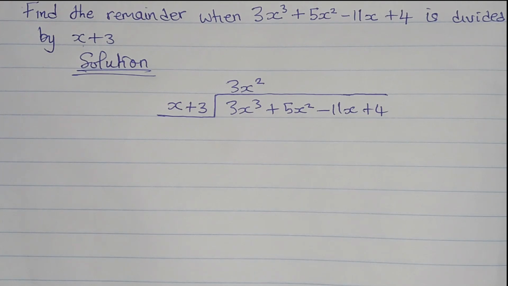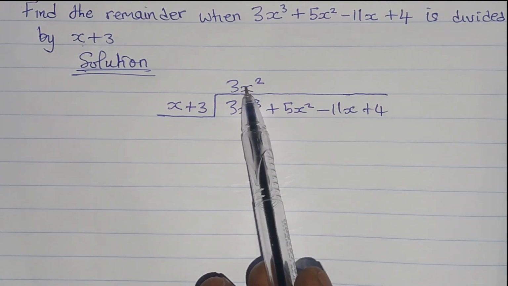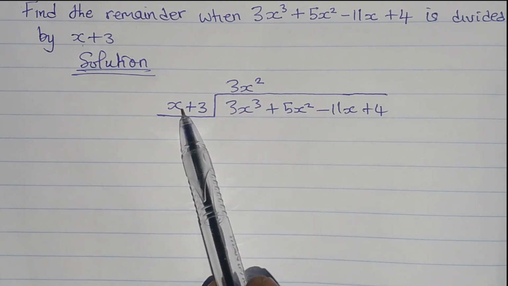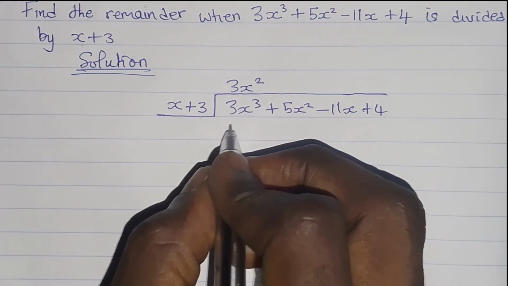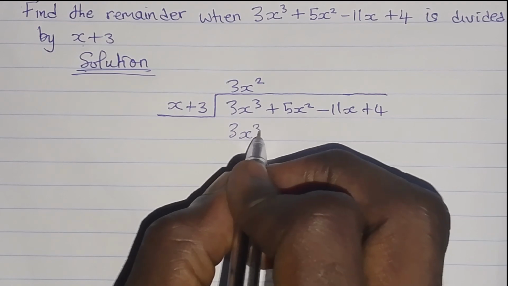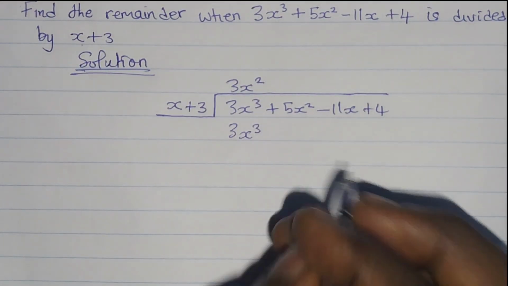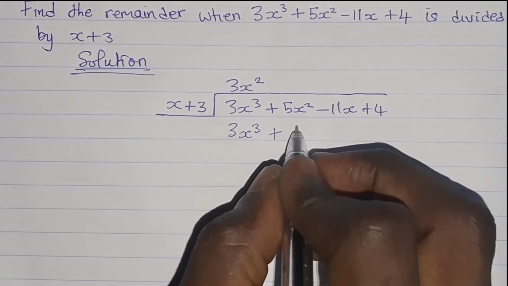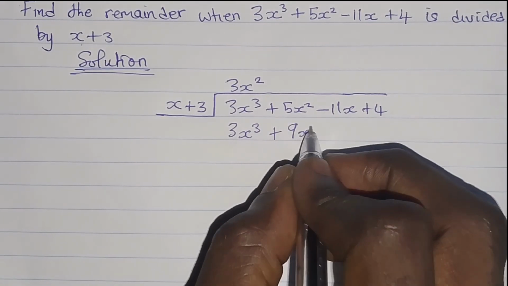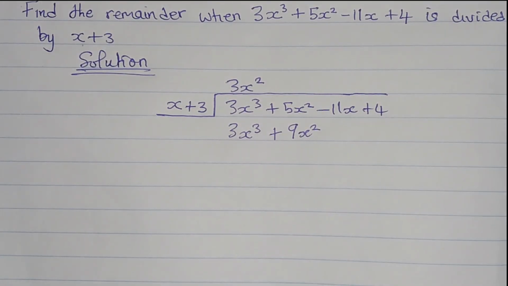What next? We multiply. After division, we multiply. So we multiply this with everything here. So by the time we multiply 3x squared with x, we would have 3x cubed. And by the time we multiply 3x squared with 3, we would have 9x squared. Is that clear?